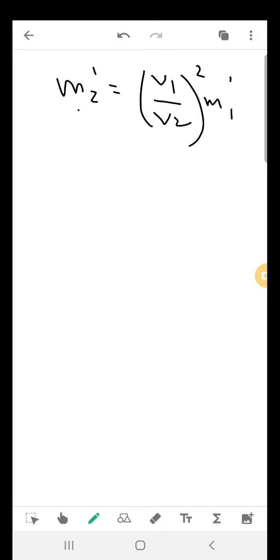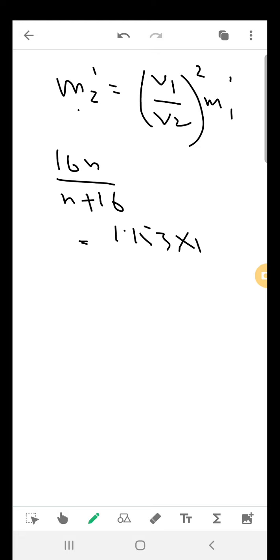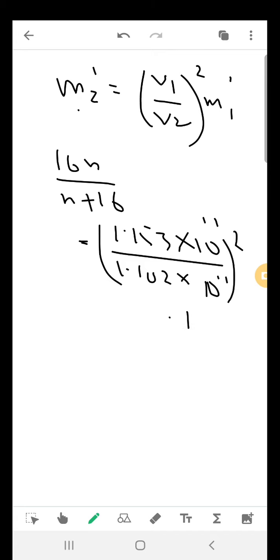So m2 dash happens to be 16n divided by n plus 16, and it is equal to, if we put the counts, 1.153 into 10 to the power 11 divided by 1.102 into 10 to the power 11 whole square into 192 by 28, the m1 dash value.